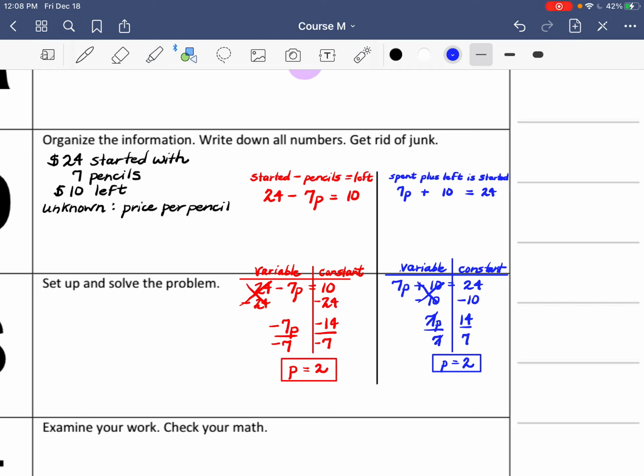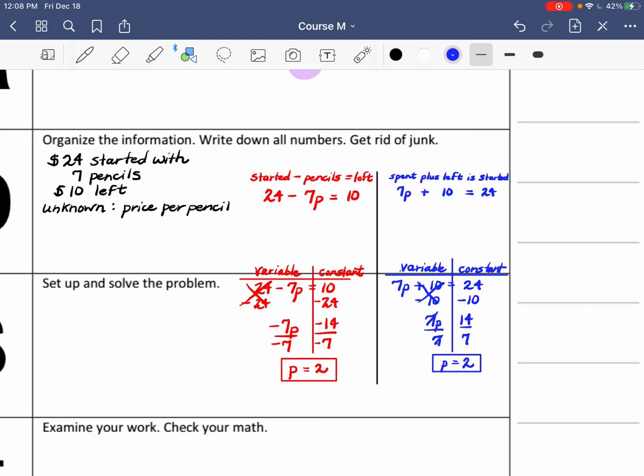So here's the answer. One pencil costs $2. First of all, is that reasonable for a pencil? If it's a mechanical pencil or a nice pencil, that is not unreasonable.